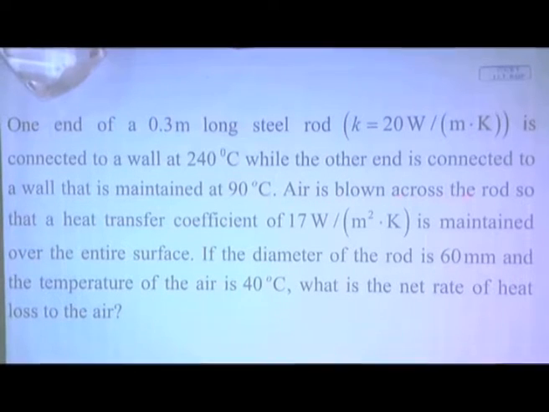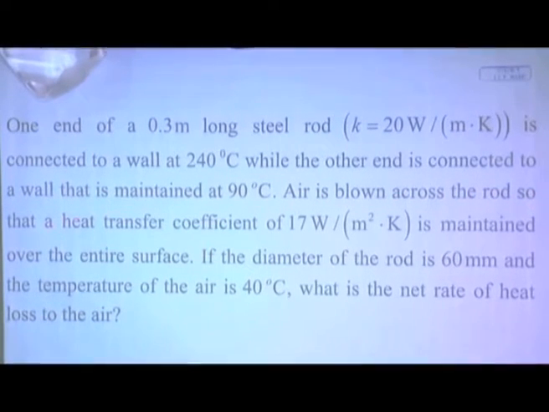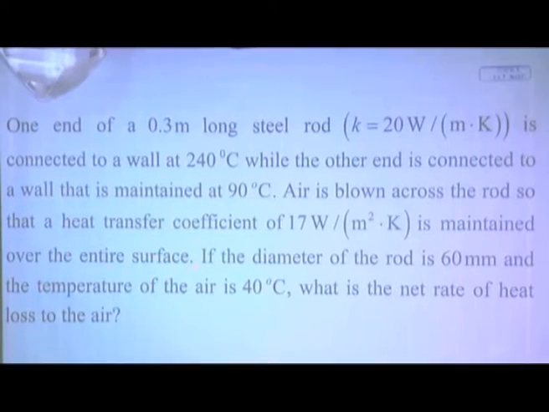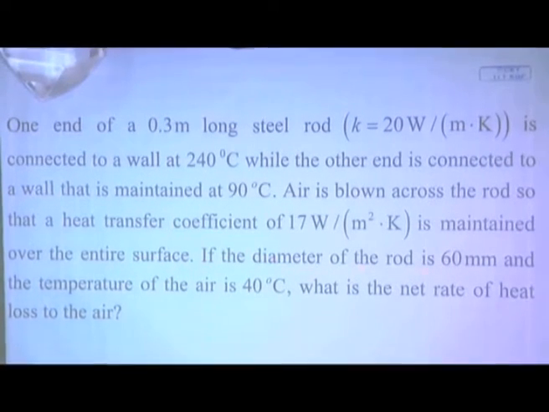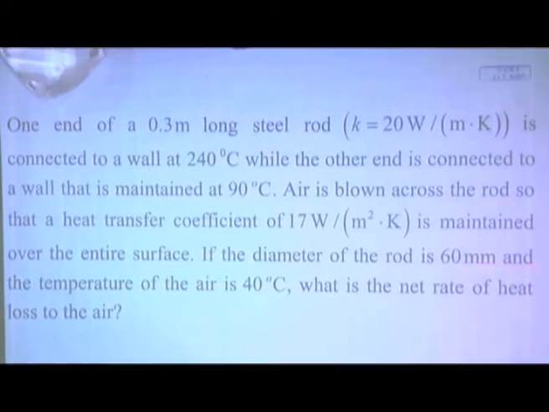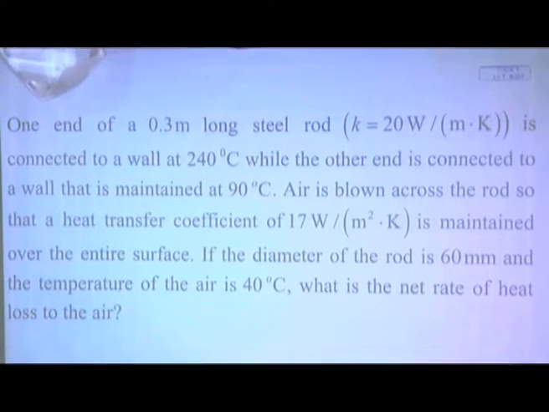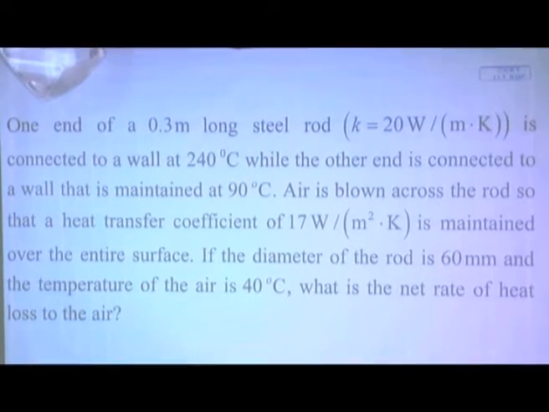Air is blown across the rod so that a heat transfer coefficient of 17 watt per meter square K is maintained over the entire surface. If the diameter of the rod is 60 millimeter and the temperature of the air is 40 degrees Celsius, what is the net rate of heat loss to the air? That means fin with fixed end temperature.